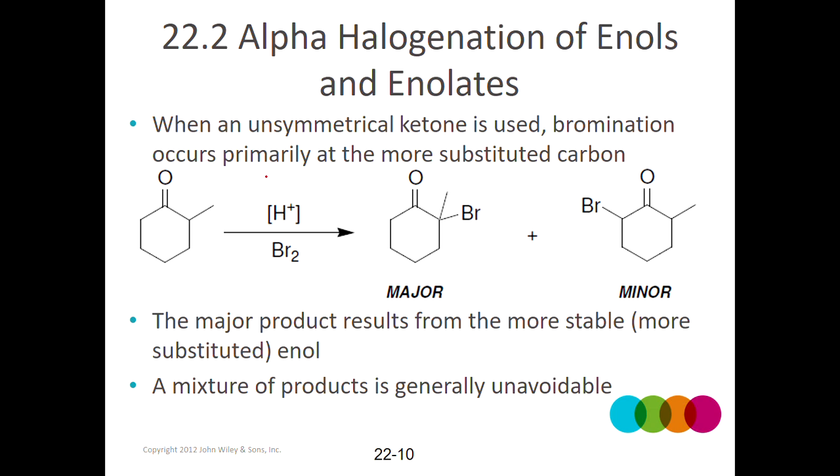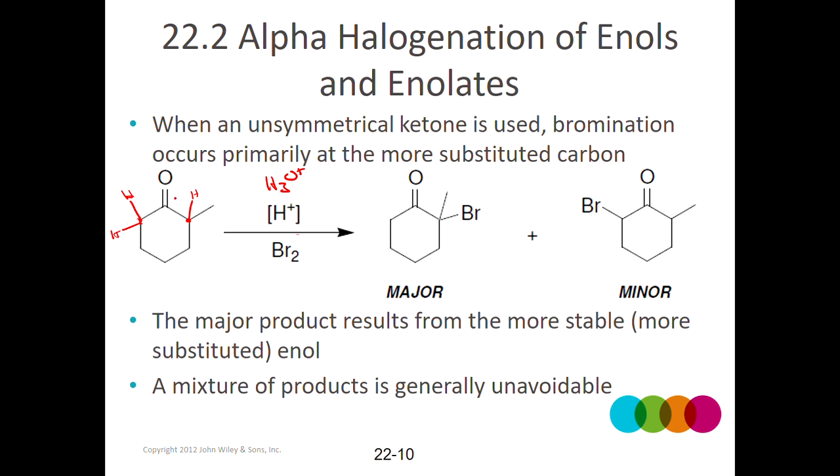So if we were to think about that example, this H plus just represents H3O plus, so it's the same reaction we just looked at. If you have a carbonyl compound, like a ketone, that has two different alpha carbons that are not equivalent, because obviously one side has a methyl group and the other side doesn't, then you have to consider the possibility of the reaction occurring at either side.